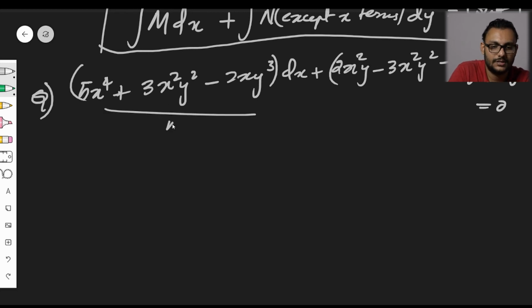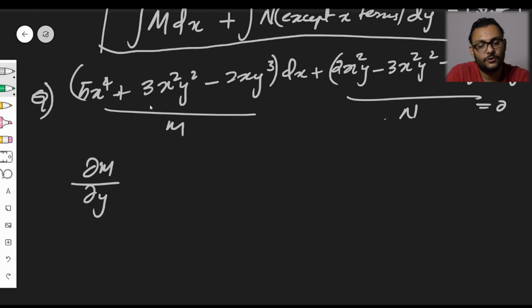So we can have this as our M and this as our N. If we try to find the partial derivative of M, before that you can just check for homogeneity. This is actually a homogeneous equation too, but instead of homogeneity I would like to solve this as an exact equation if it satisfies the exact condition.